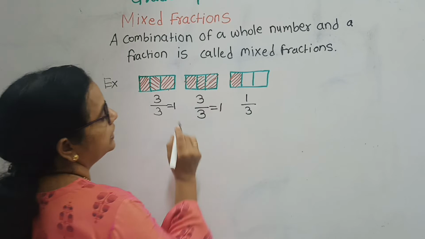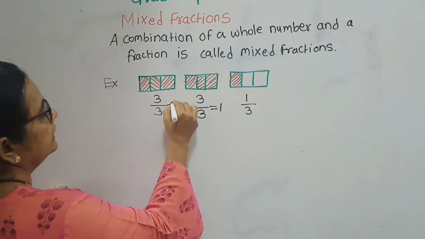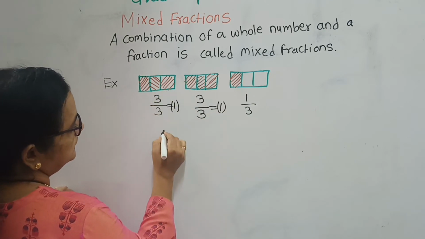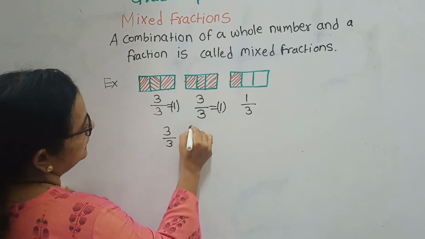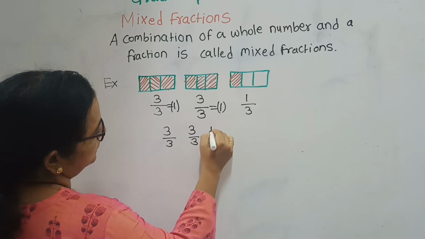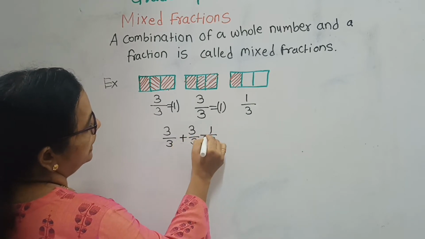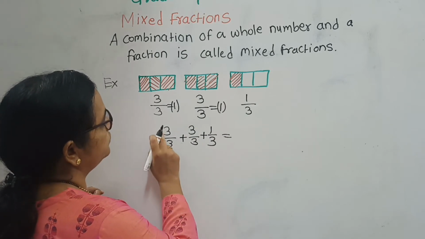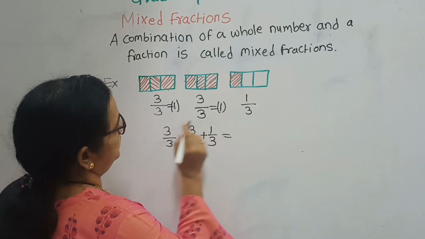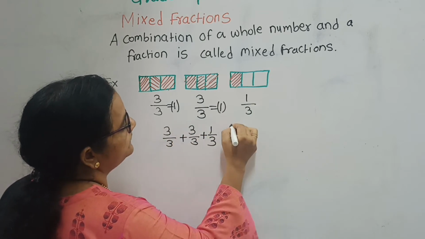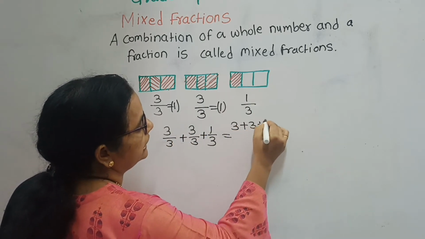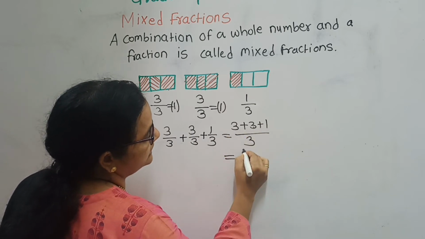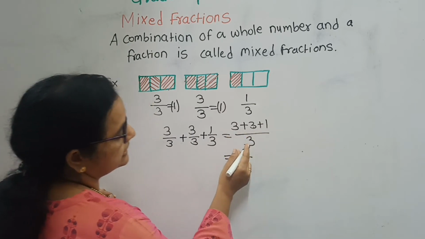Now if we take these fractions, 3/3, 3/3 and 1/3, and add them, the denominators are the same, so we have to add the numerators. So 3 plus 3 is 6, plus 1 is 7/3.